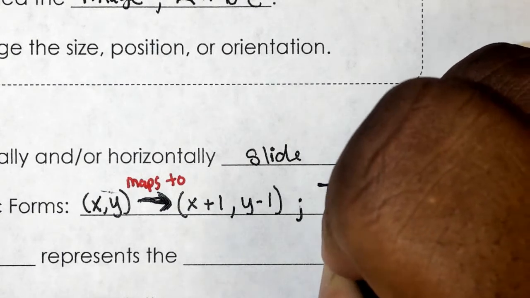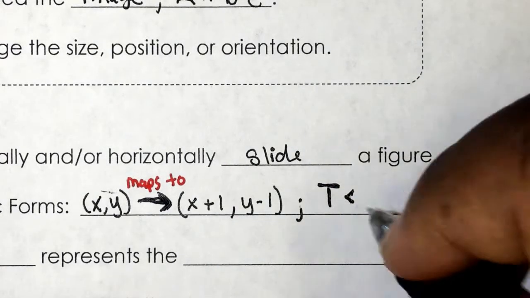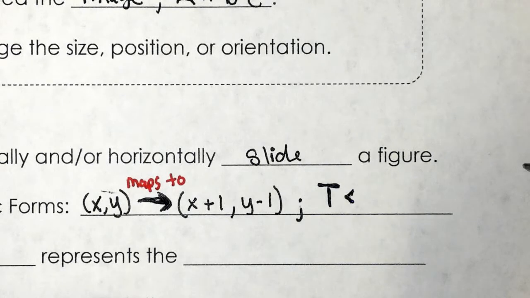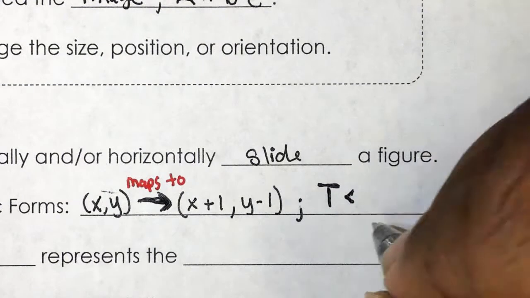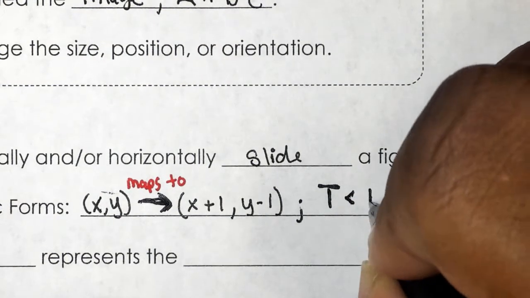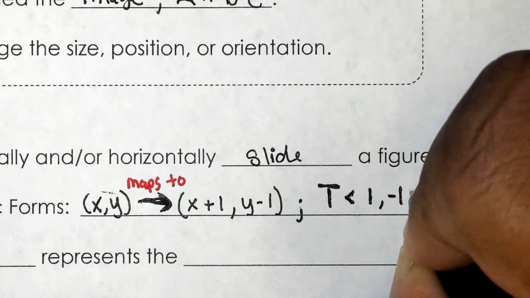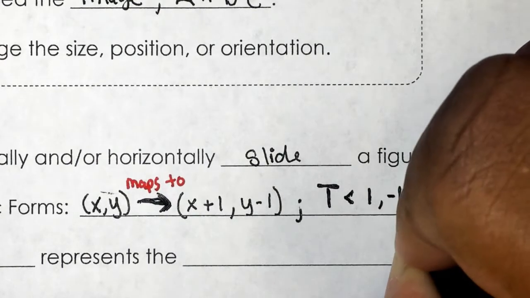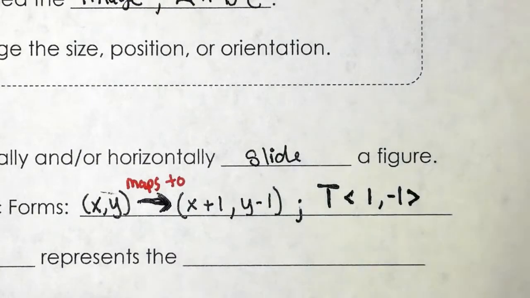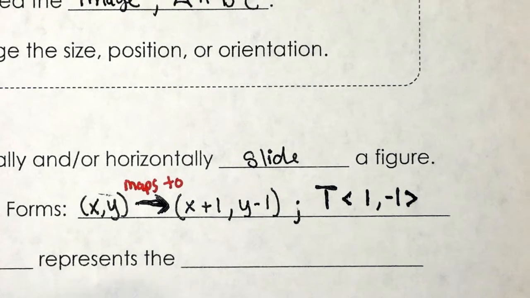It'll just be 1, comma, -1, and then instead of closing it with parentheses, you'll close it with that sign on the other end.